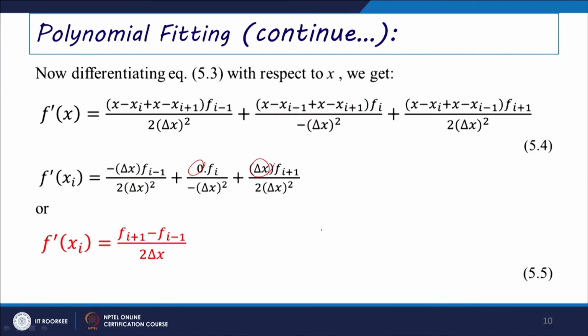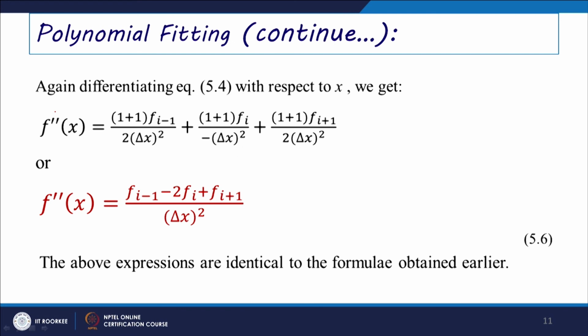Now if you go for second order differentiation, that is, differentiating once more, f double dash of x for this equation, since 2x is present there, the 2 by 2 can cancel out.